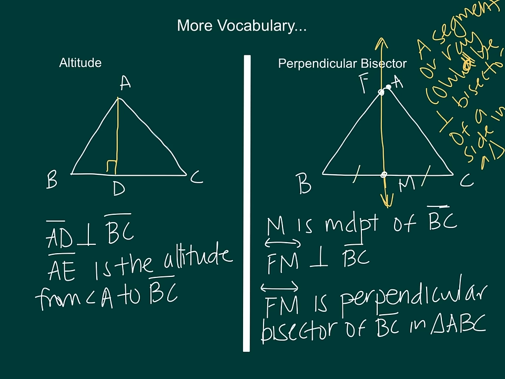Another way to look at it is like this. If I were to draw my perpendicular bisector, that's what it would look like. It's important to notice that this one here does not go through the vertex. The altitude would come straight down right here.